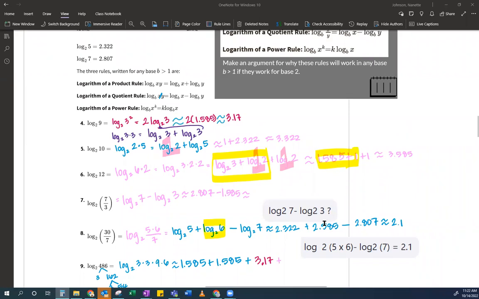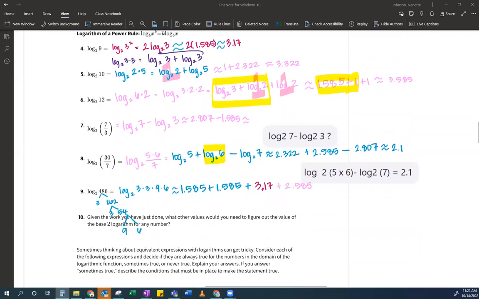Very good. Then all of that together, whatever that equals, is log base 2 of 486. That makes sense.